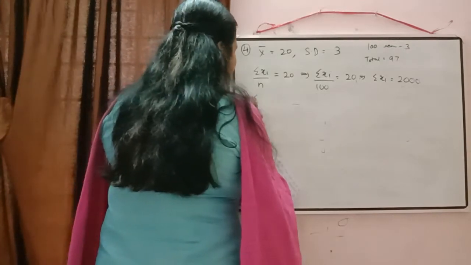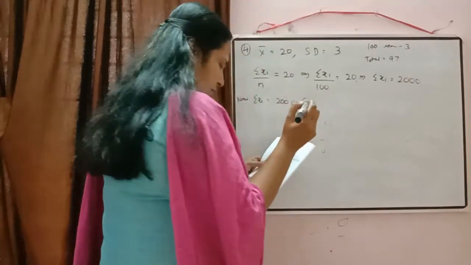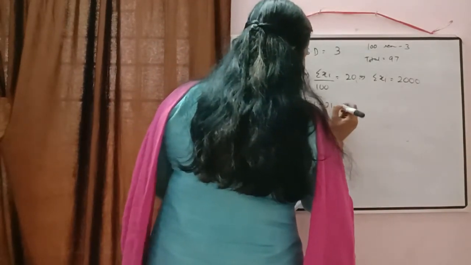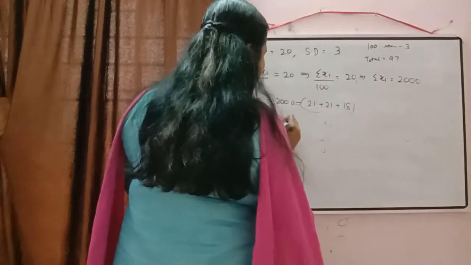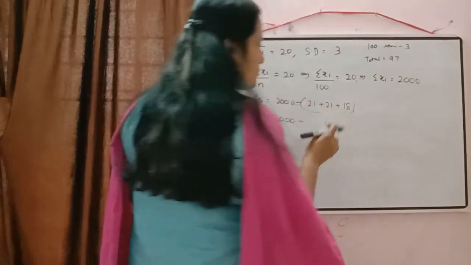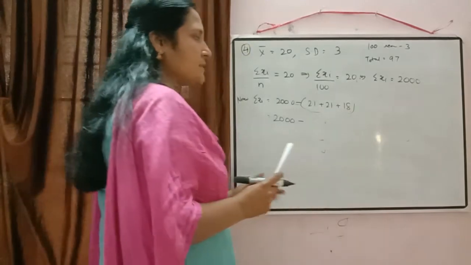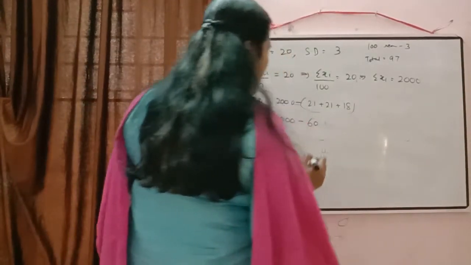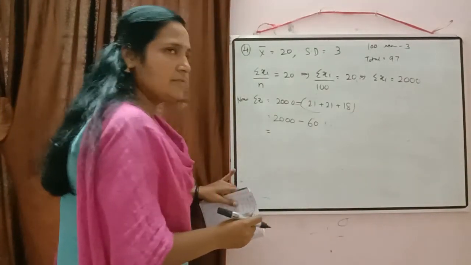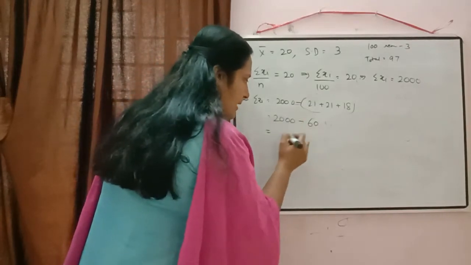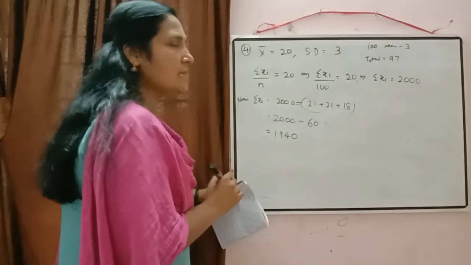So new sigma xi is equal to 2000 minus (21 plus 21 plus 18). 21 plus 21 is 42, 42 plus 18 is 60. So 2000 minus 60 is 1940. That is the new value of sigma xi.